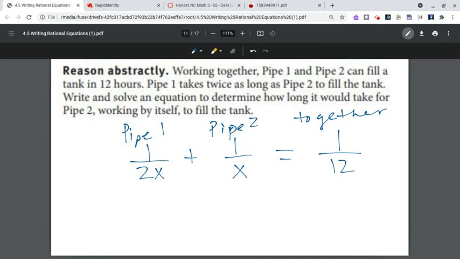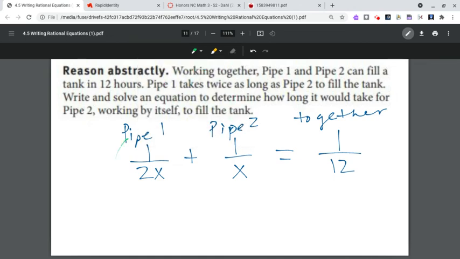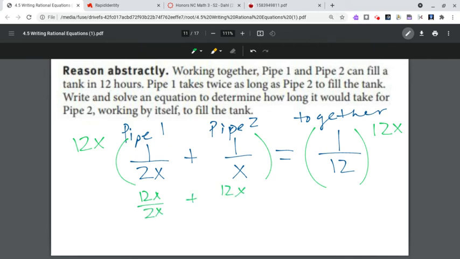My denominators are 2X, X, and 12. So our LCD is going to be 12X. Okay, distribute in 12X over 2X plus 12X over X equals 12X over 12. 12X over 2X would reduce to 6.